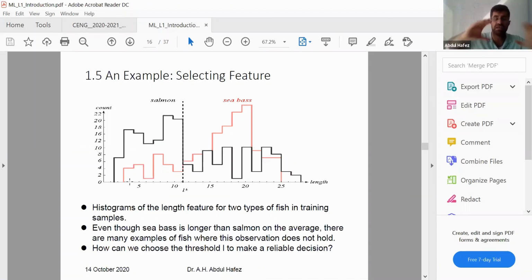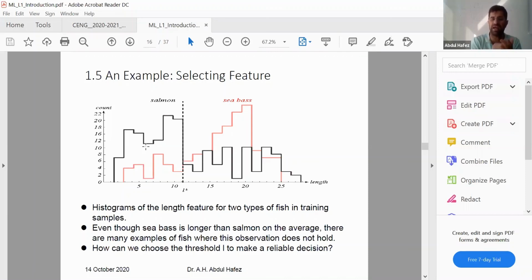If I pick randomly one fish from this container, what is the probability that this fish has the length 6? I just go directly to the curve. I take the length value 6 and project it to the curve. The curve value is 12. So it is 12 out of 100, which is 12%.